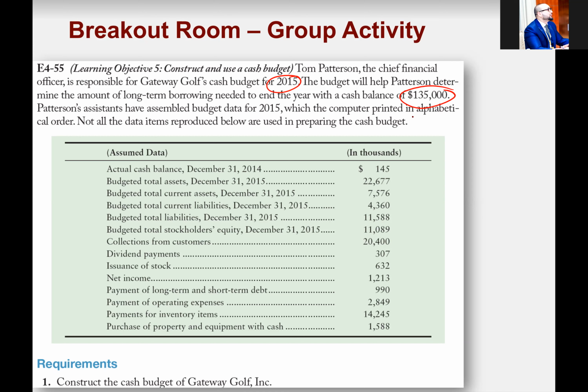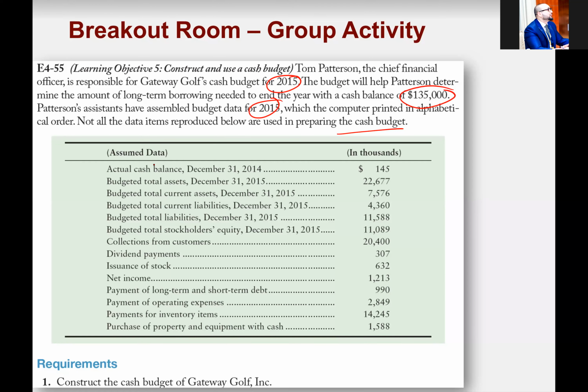Means they need to maintain the balance of cash for 135,000. So Peterson's assistants have assembled budget data for 2015, which the computer printed in alphabetical order. Okay. Not all the data items reproduced below are used in preparing cash budget.